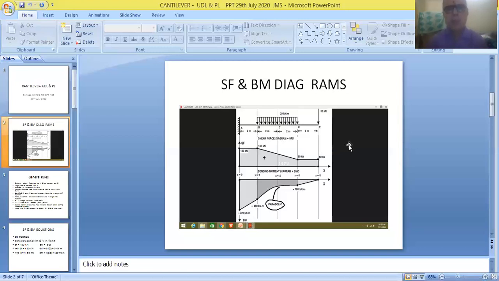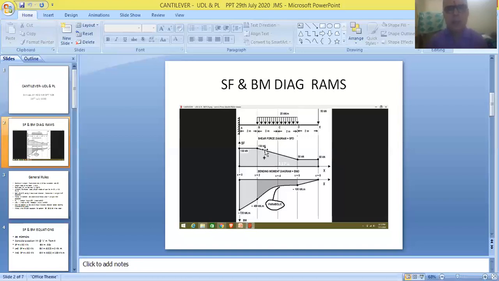We have to divide the beam into several portions or regions, and we have to prepare shear force and bending moment equations for all these regions, and select lower and upper limits for all the regions, and thereby we will be in a position to measure the values of shear forces and bending moments for the entire configuration.